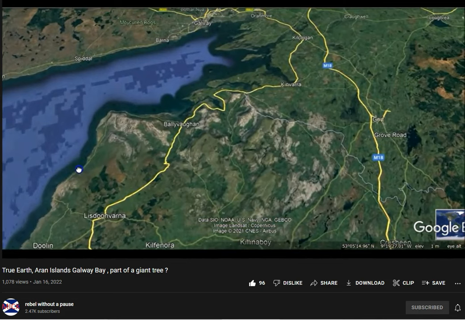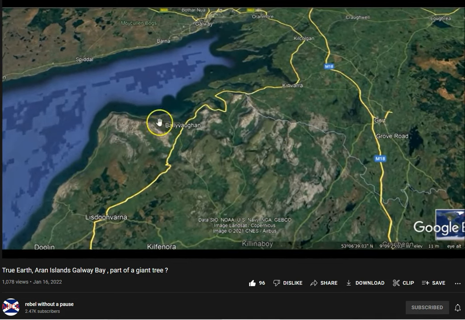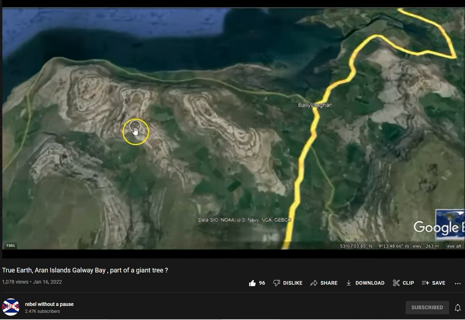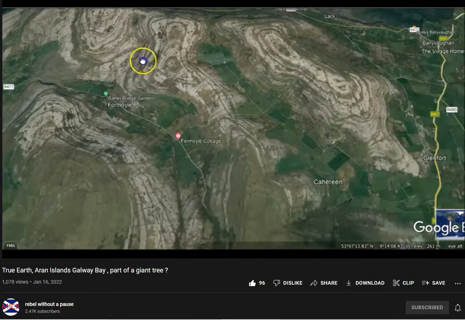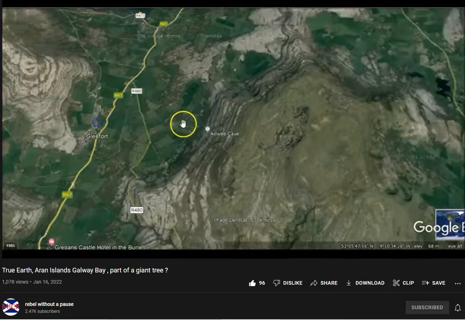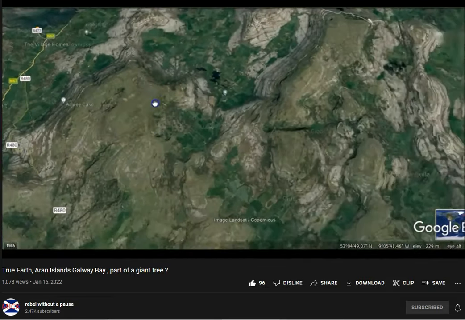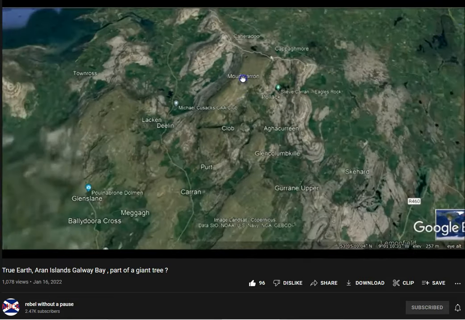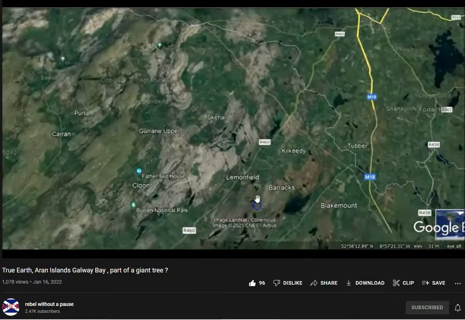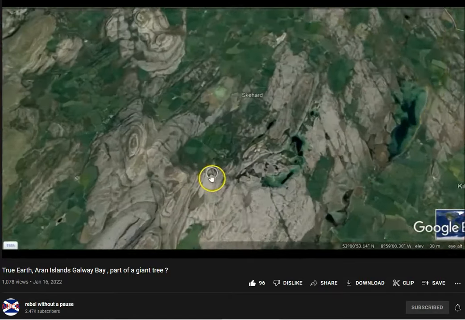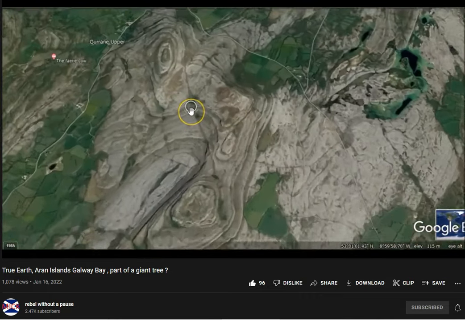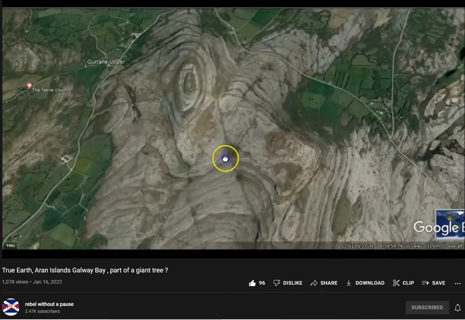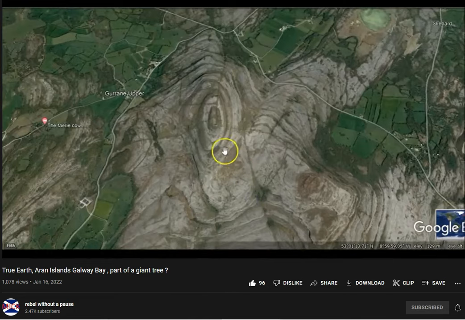So just on the mainland here, we have all these hills. Check them out. And they're all the same. Yeah, a bit of imagination, that could be good.